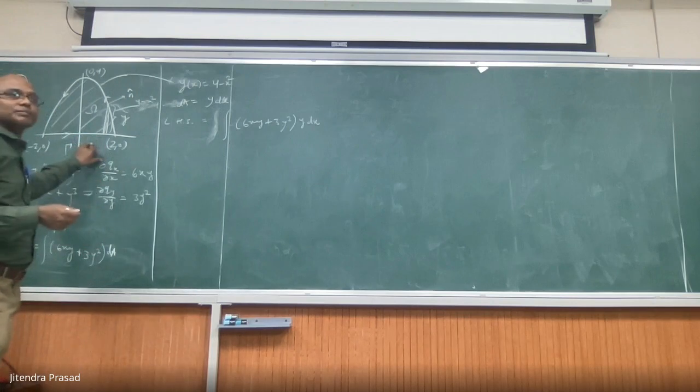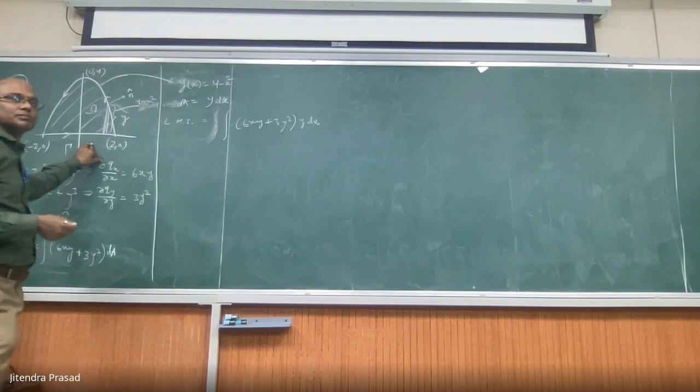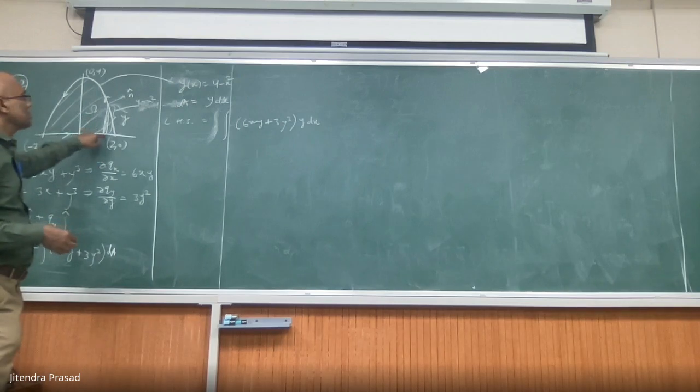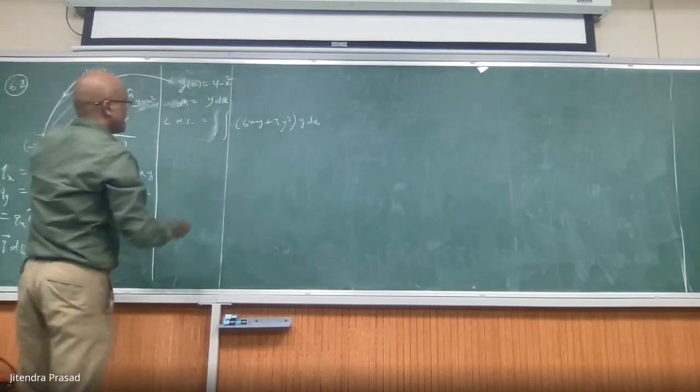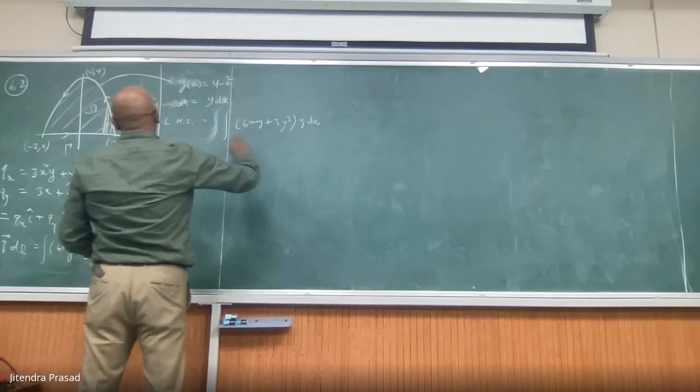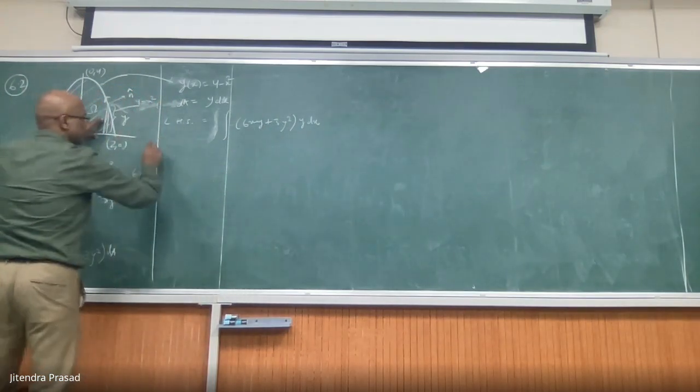Double integration, it can be done easily, meaning 6xy plus 3y square, with y from 0 to 4 minus x square in one integration and the other one with x from minus 2 to 2. Say again, so from 0 to 4 minus x square, and then integrate with respect to x from minus 2 to 2. Okay. So basically the same thing you have to do, but there are two things, within that also you are changing.